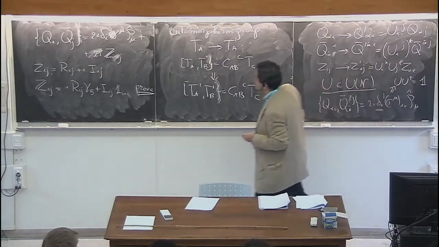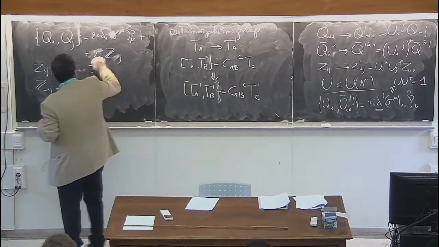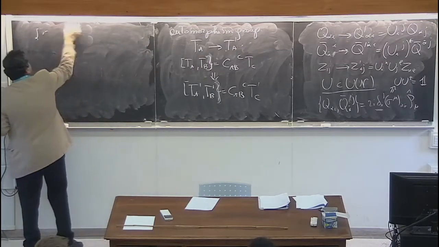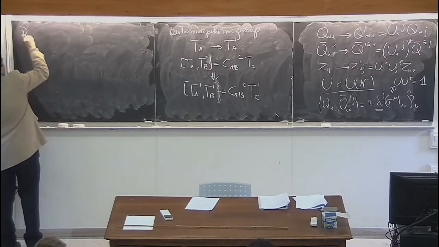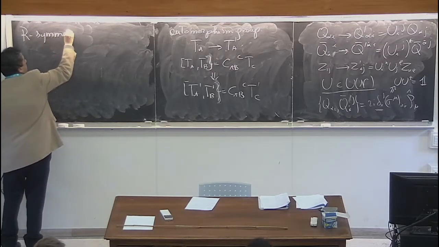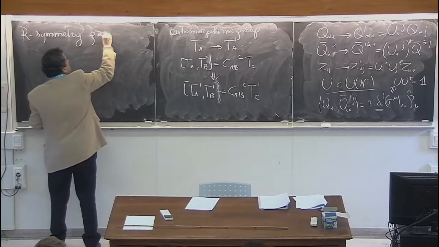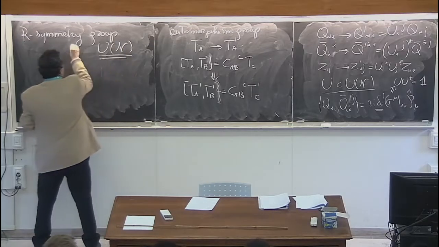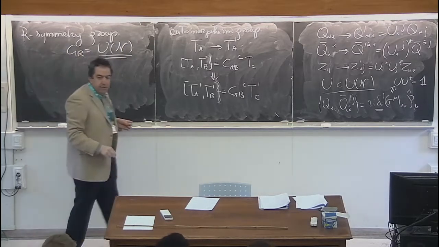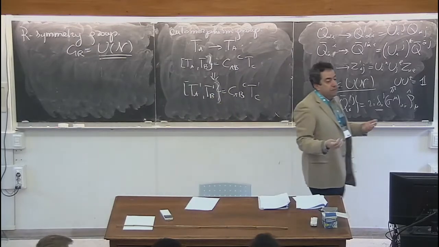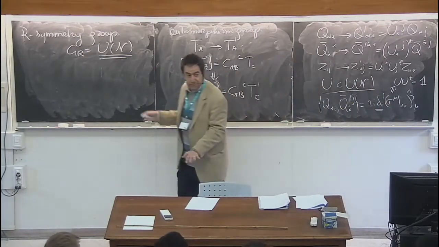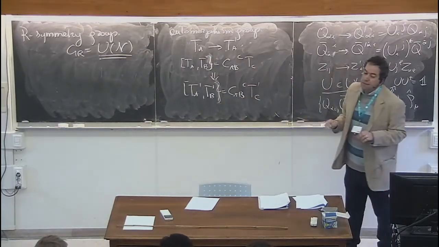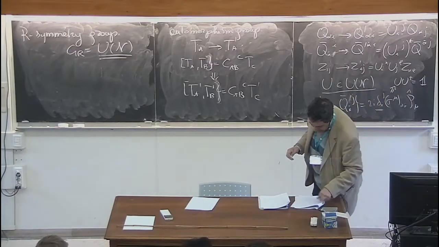So the automorphism group of the super Poincaré algebra, acting on the index I, is called the R-symmetry group, call it G_R, and it is U(n) in general. We will see that for certain representations, this group is broken down to SU(n).